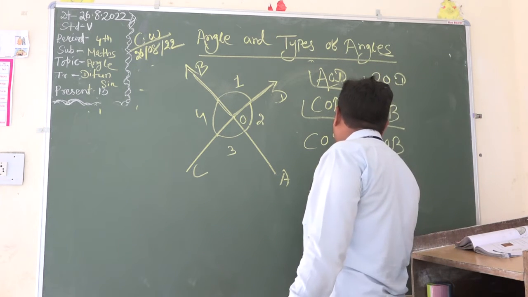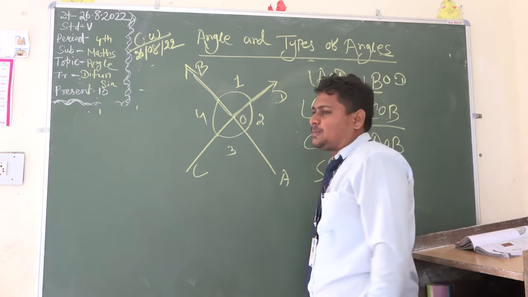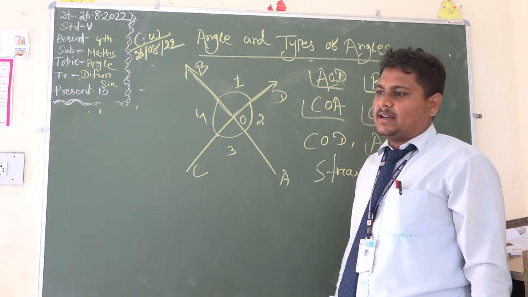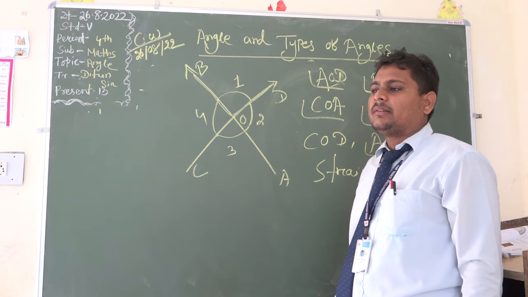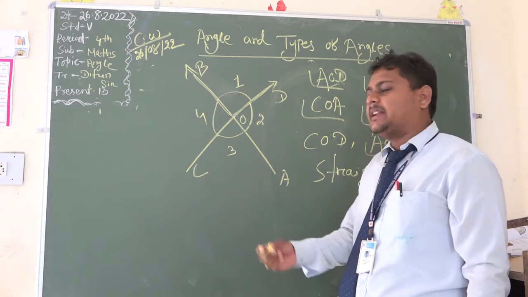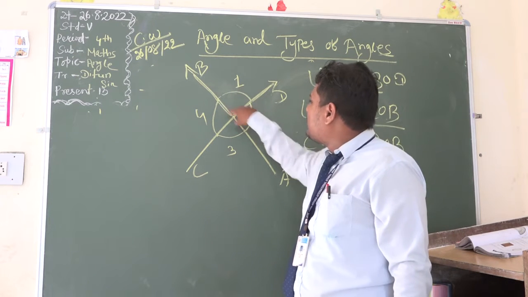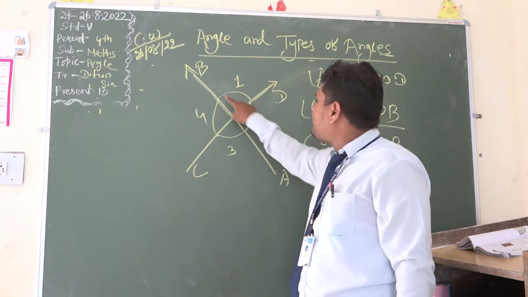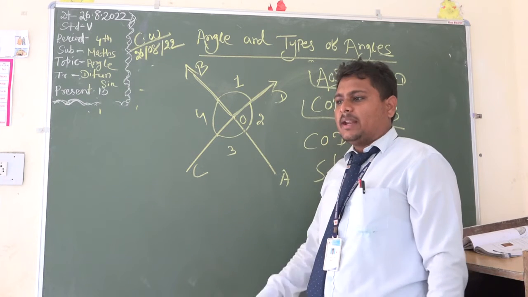They will form straight angles, which we will read in the next part. What is the measurement of a straight angle? 180 degrees. Very good. So, as it is a straight line, AOB will be 180 degrees and COD will also be 180 degrees.